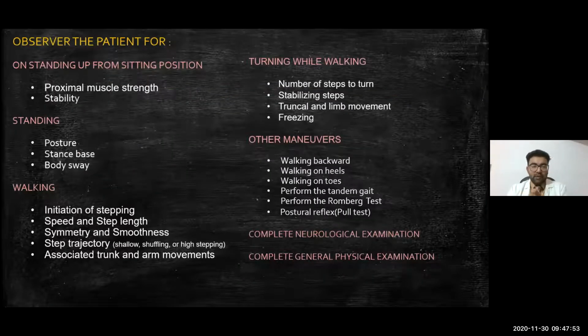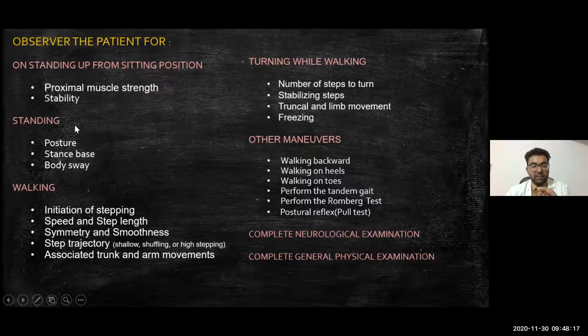So when we ask a patient to walk, turn and walk back to us, what should we examine while the patient is walking? When we ask the patient to stand up from the sitting position, check for proximal muscle strength and stability.